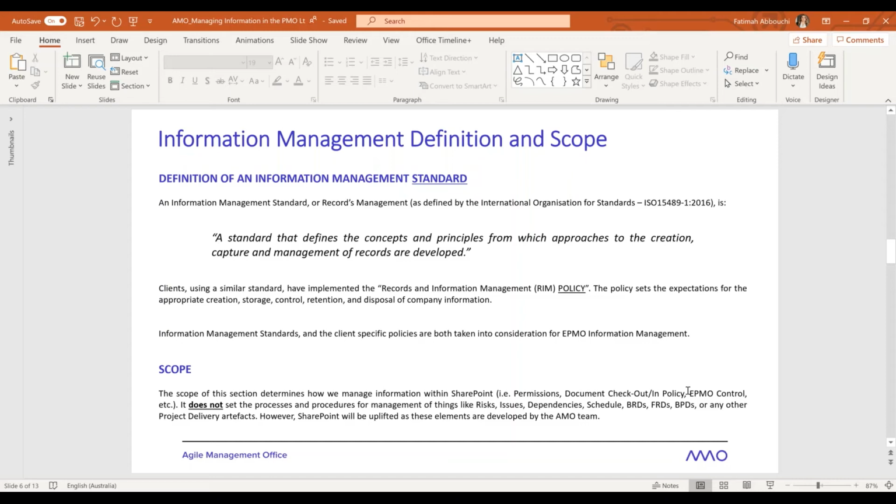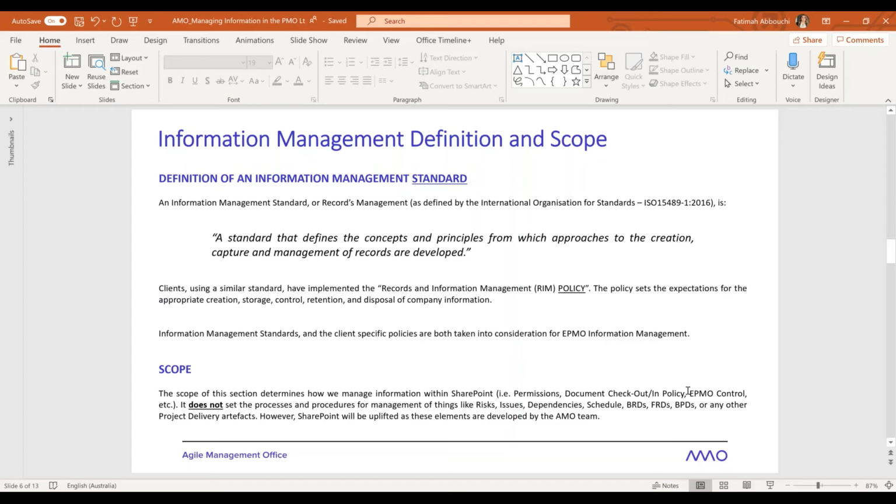One of the things that is often a mistake that projects and PMOs make is that they don't often reference existing information and knowledge management policies and then leverage them to apply to their projects, programs, and portfolios. I'm not saying all of them don't, some do, but some of them don't.